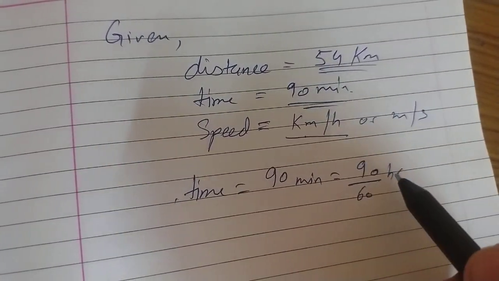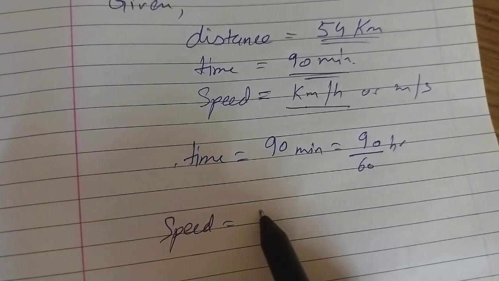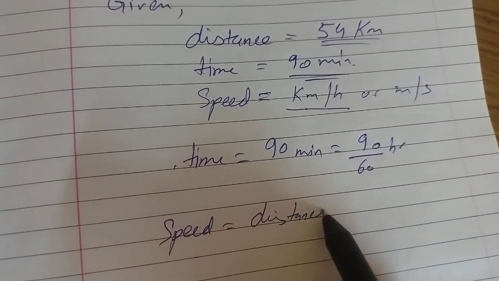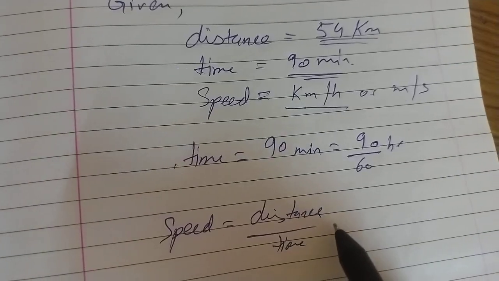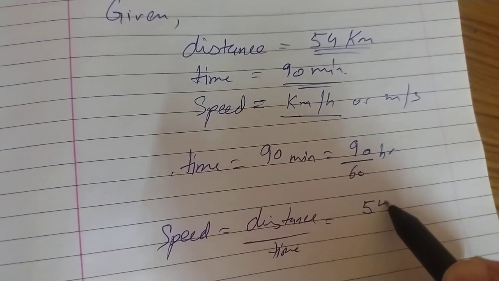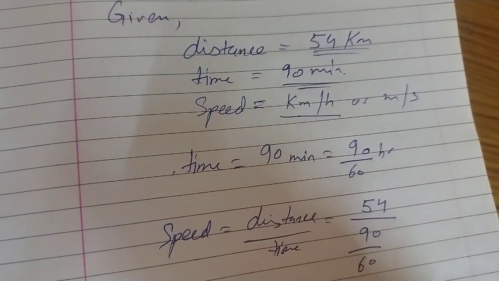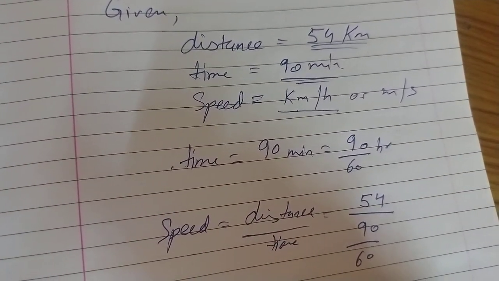So we'll use this in the formula, which is speed is equal to distance upon time. Speed is distance over time, then we have our value.